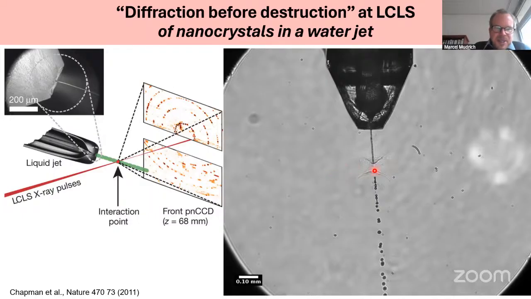But since the pulses are short enough, we are still able to record diffraction before destruction. At least that's the hope, to get the scattering information before all this splashing and destruction of the target happens.